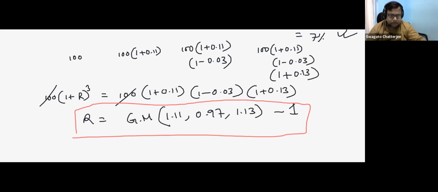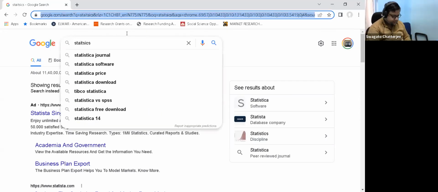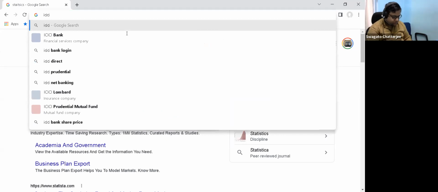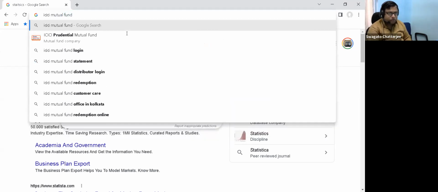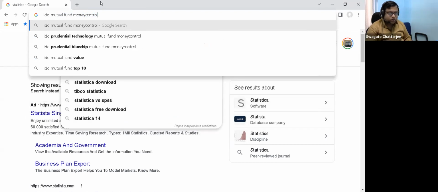Yes. And then I'm sharing the screen. Can you see the screen? Let's say I will search for some fund, ICICI mutual fund, I do not know. Money control, or let's talk about money control top funds.